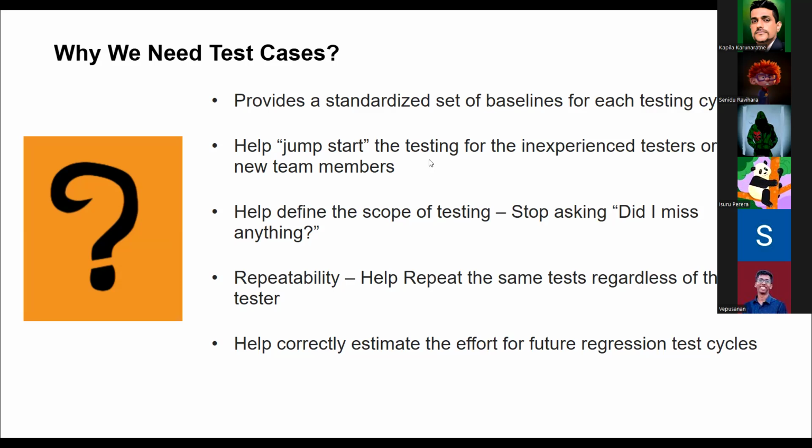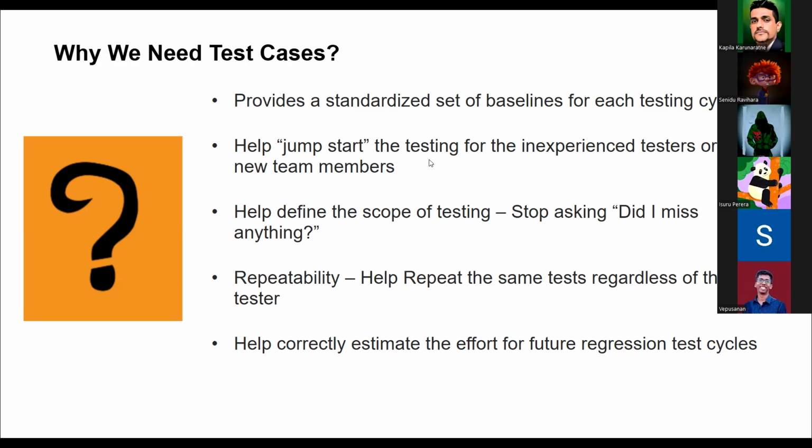So then you need to make sure the same test you're running, and you need to present your status: number of test cases you run, number of test cases fail, and all this information. If you don't have this count of quantifiable testing units, you won't be able to present that. So because of that, test cases are very essential, and even for estimation.